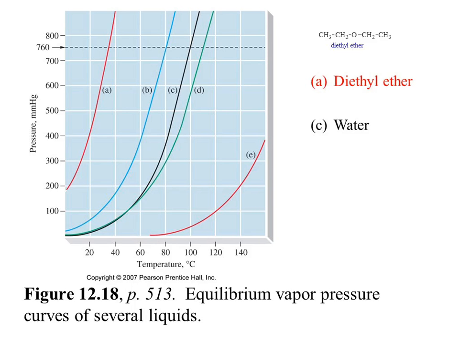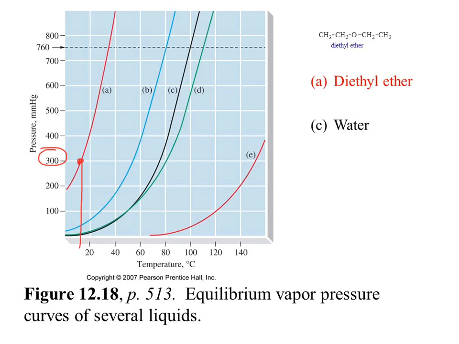If we compare diethyl ether to water, let's pick on 300 millimeters of mercury as the equilibrium vapor pressure. For diethyl ether, you get that at this temperature, which to me is maybe 10 degrees Celsius.